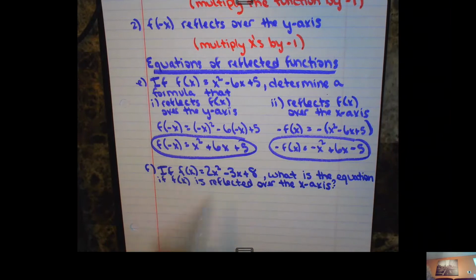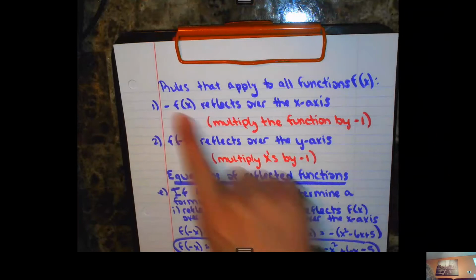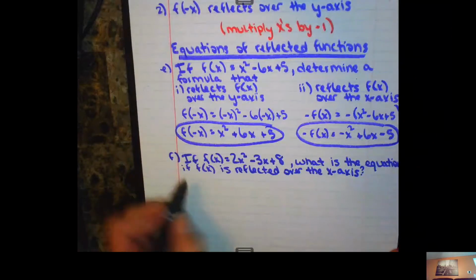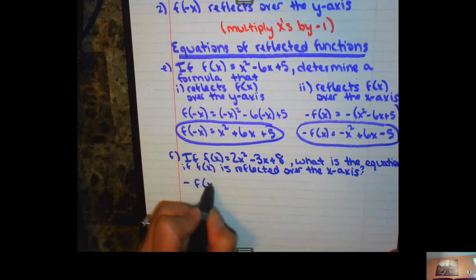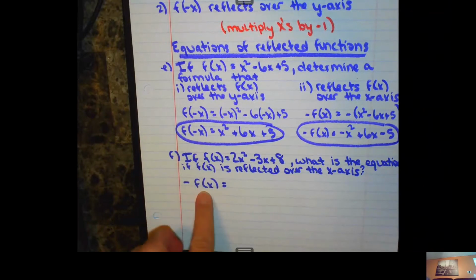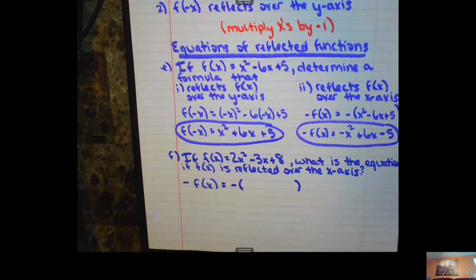So if f of x is this original function, what is the equation if f of x is reflected over the x-axis? If you're reflecting it over the x-axis, I'm going to bring down my rules. We are doing negative f of x, which means we're multiplying the whole function by negative 1. So I'm going to write negative f of x. What this means is we want the whole equation to be negative. So we're going to take everything and put it in parentheses with a negative in the front.